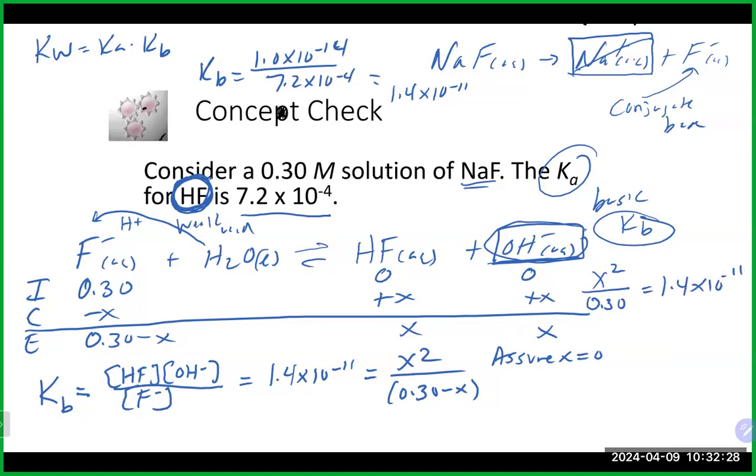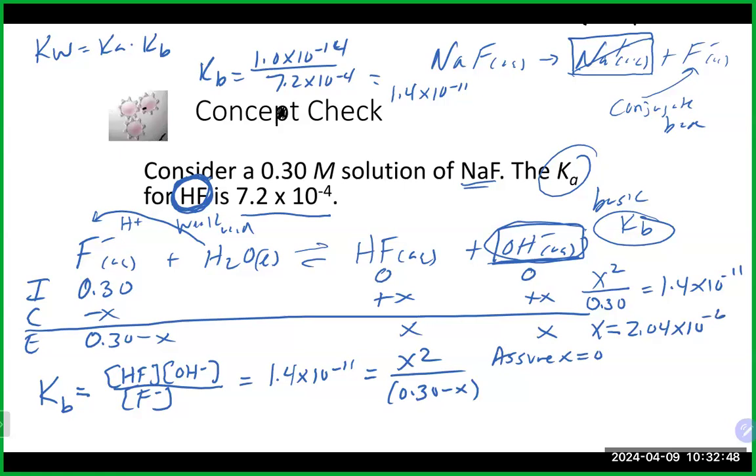I'm going to multiply to the other side and also take the square root. So again, times our Kb by 0.3, then take the square root of it. And that's going to give me an x value here of, we'll call it 2.04 times 10 to the minus 6, I think.